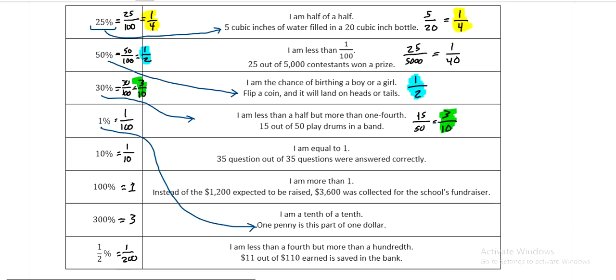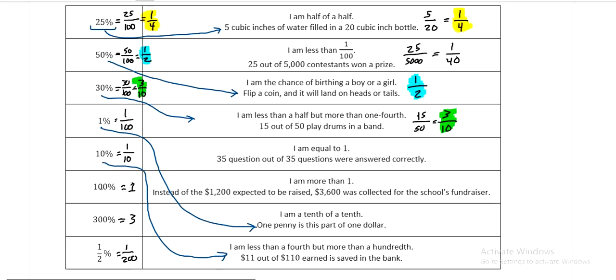All right, 1/10. 1/10 is equal to the last statement there. I am less than a fourth, but more than a hundredth. $11 out of $110 earned is saved in the bank. That matches up with that 1/10 fraction.